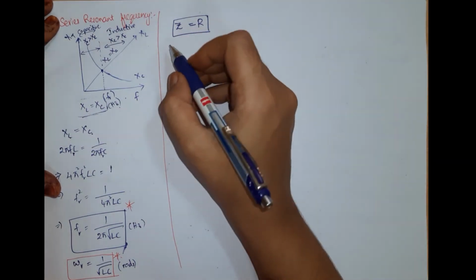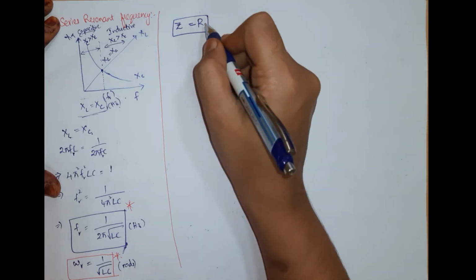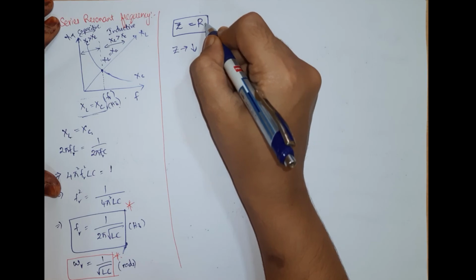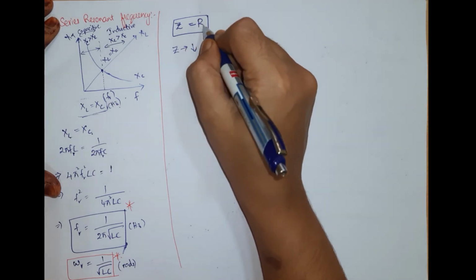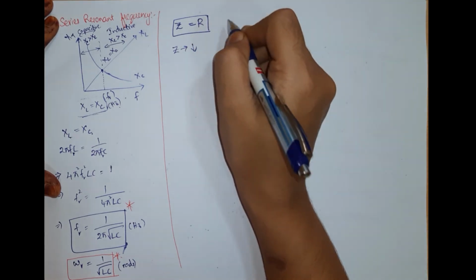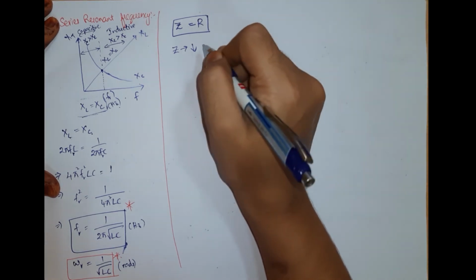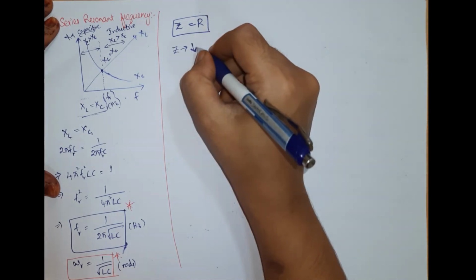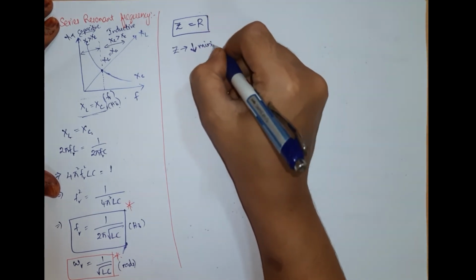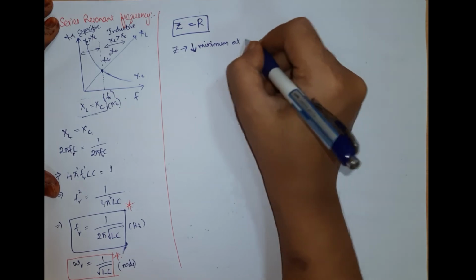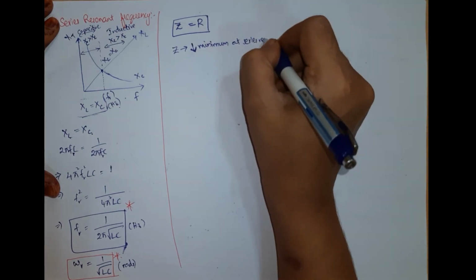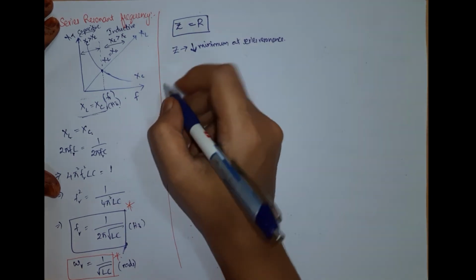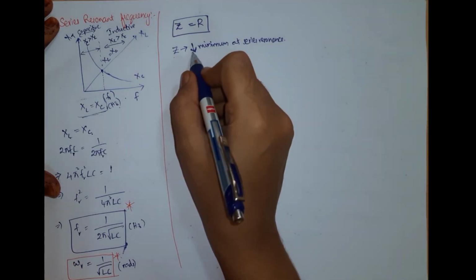Then at resonance, the impedance of the series circuit is at its minimum. Why? Because generally impedance is the square root of R square plus one more term, which is not available now because XL equals XC. Let me write out the important points: impedance is minimum at series resonance, equal to the value of resistance.